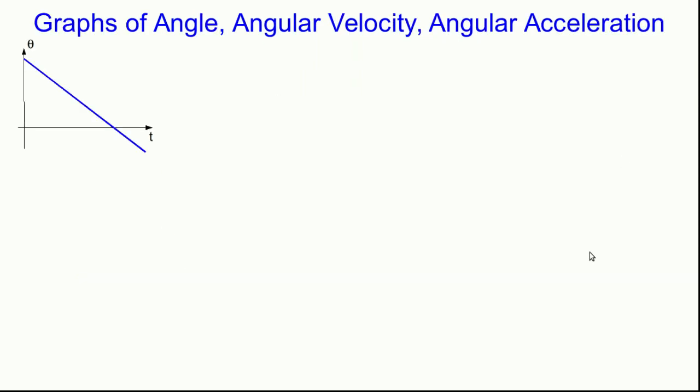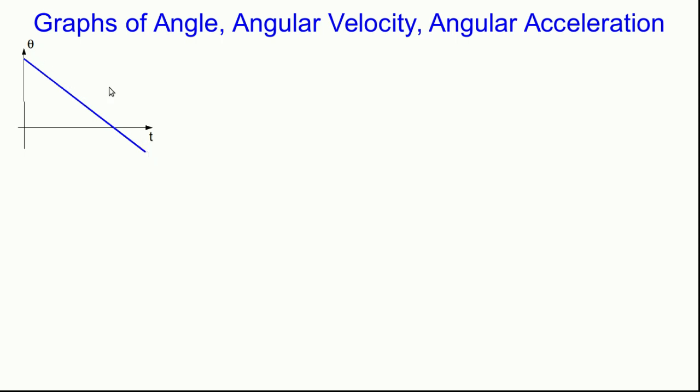As before, when we did this with linear kinematics, it's useful to develop an intuition for how the graphs of angle, angular velocity, and angular acceleration relate to each other, and how those relate to motion diagrams for objects moving. So let's think about this very simple angle versus time graph.